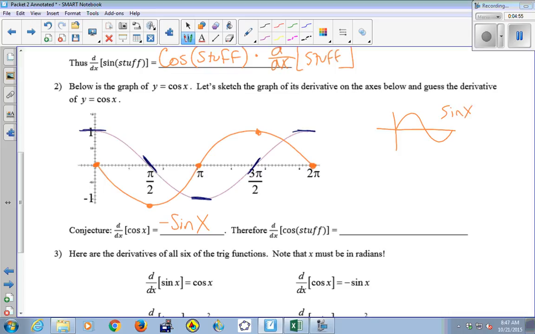So that means the derivative of the cosine of some stuff is the negative sine of some stuff times the derivative of the stuff, right? So if instead of just an x, you have a bunch of stuff in there that you're taking the cosine of, when you take its derivative, it's the negative sine of all that stuff times the derivative of the stuff.